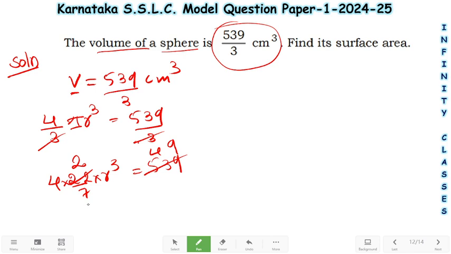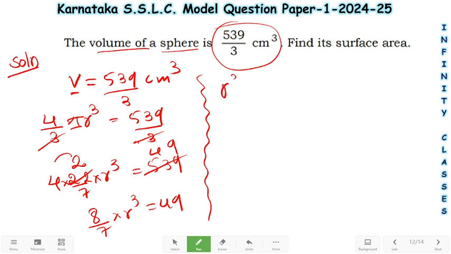So this one is going to be cancelled here. That is 4 2s are 8, 8 divided by 7 into r cube is equal to 49. So next I am going to write the remaining part here.